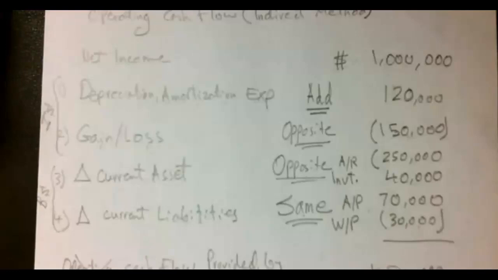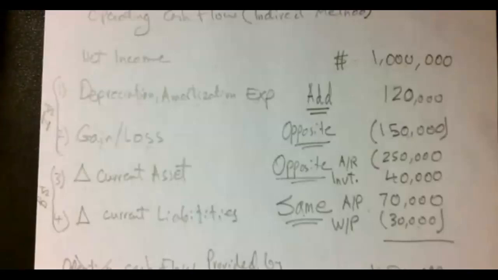I'll give you an example so you understand. If your accounts receivable has been increased from last year's balance sheet to this year's balance sheet by $250,000, that means you did not collect cash. That's why you take it out of your net income, because technically you did not collect cash. Remember, we are preparing a cash flow.